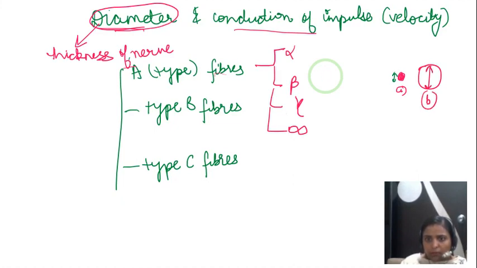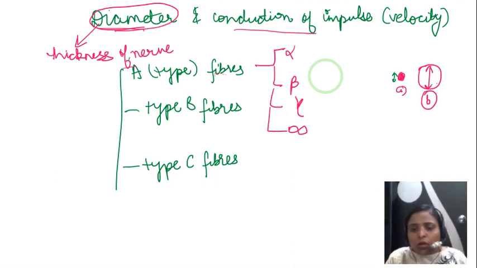You now understand it is thinner than this, so its diameter is less, and it is thicker than this, so its diameter is more. So diameter is nothing but the thickness of the nerve, right?